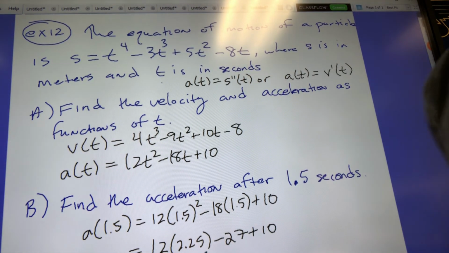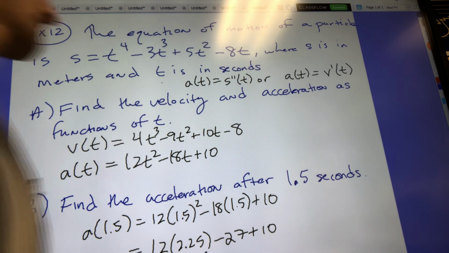What is that, 10 meters per second squared? Acceleration, you should know this. Meters per second squared.